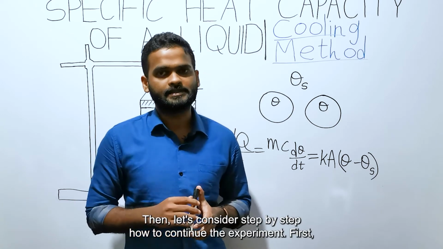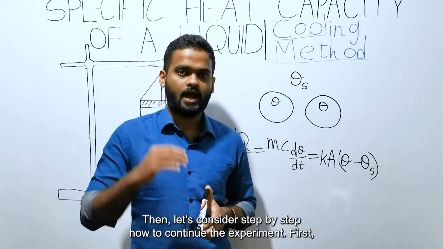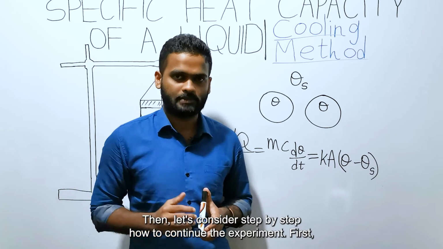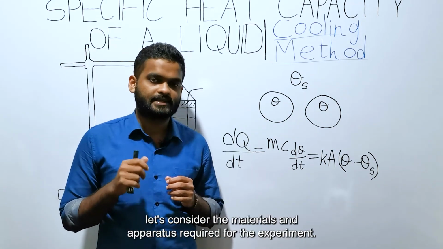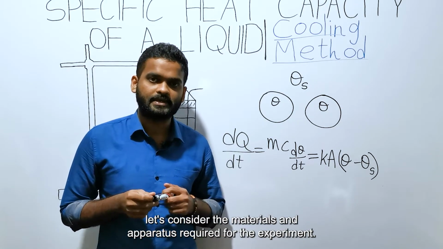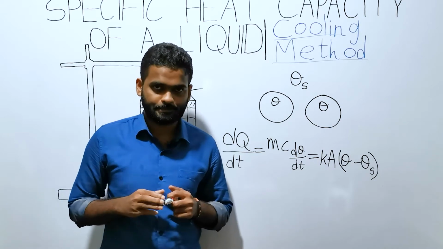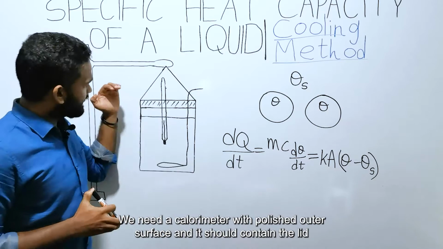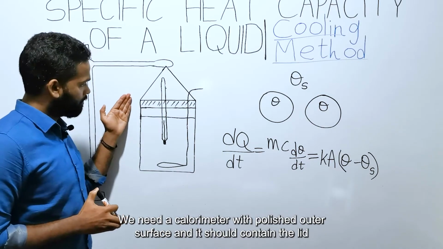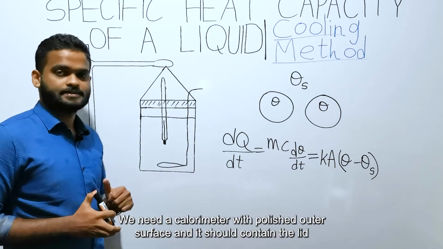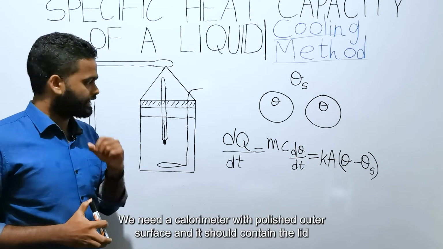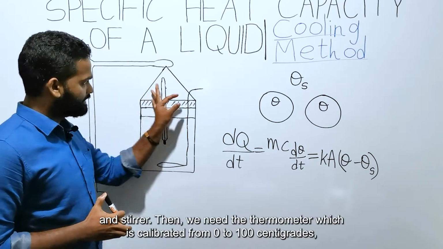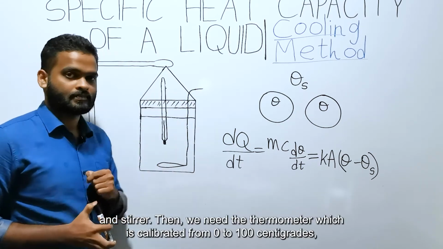Then let's consider step by step how to continue the experiment. First, let's consider the materials and apparatus required for the experiment. We need a calorimeter with polished outer surface, and it should contain the lid and a stirrer.